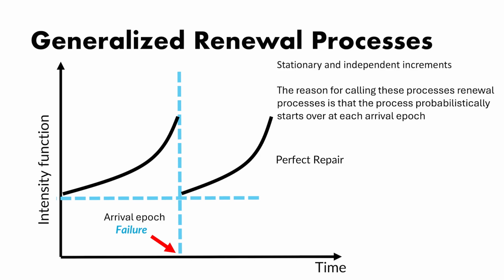Essentially, the distribution is the same before and after the arrival epoch, and the increments are independent, of course, because what happens in the past does not affect the future. But essentially, they can model the reset of the behavior of the system.